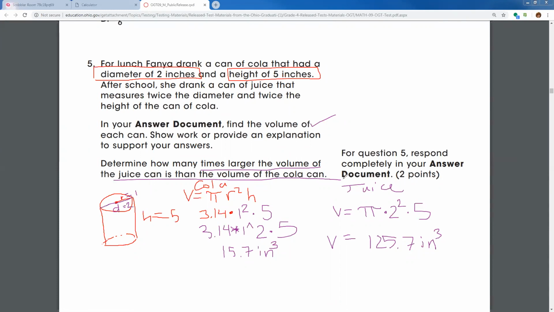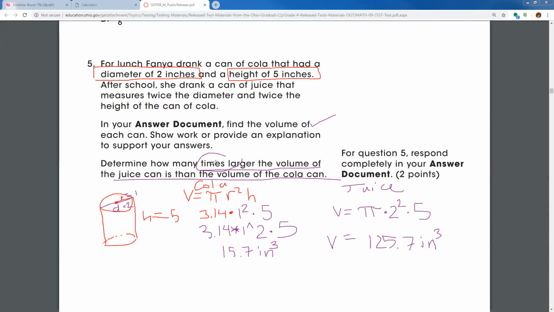Okay, subtract would help us answer how much more. You're very close, because it says how many and the word larger. Because it adds the word times, instead of subtracting, we're actually going to divide. So if it said how much larger, subtract.